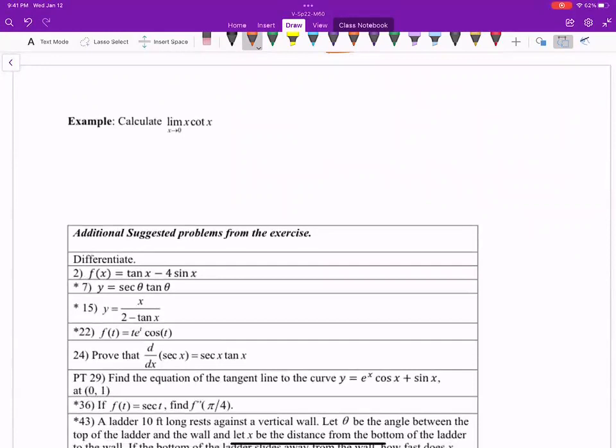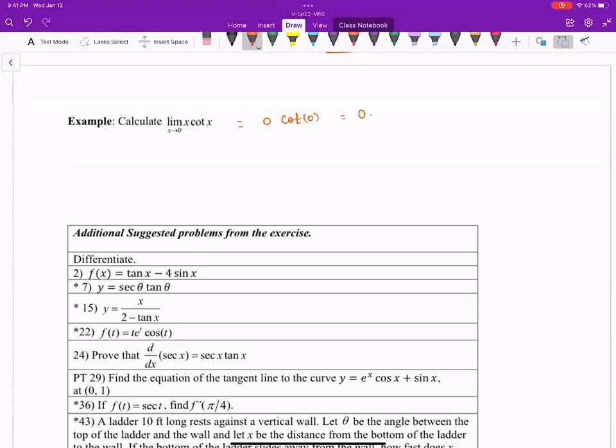Next, let's compute limit as x approaching 0, x times cotangent x. So how do we find it, because it is involving trigonometry? Suppose we apply the limit right away, if we directly plug in. So what will happen? X approaches 0, cotangent is cotangent of 0.